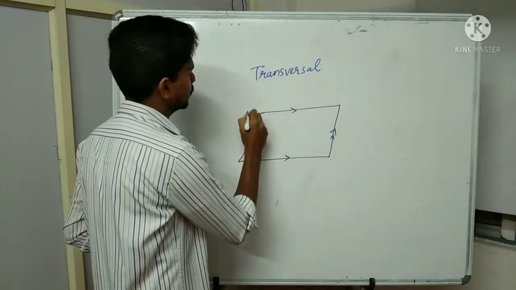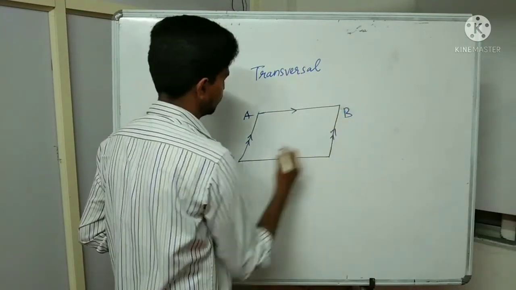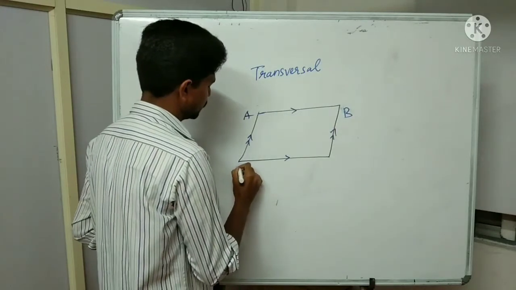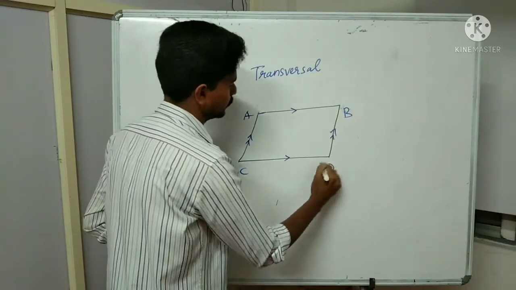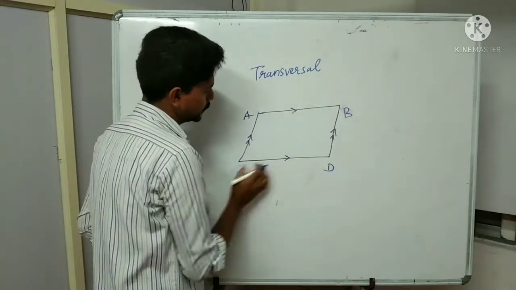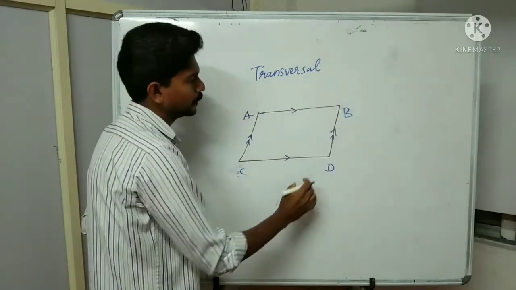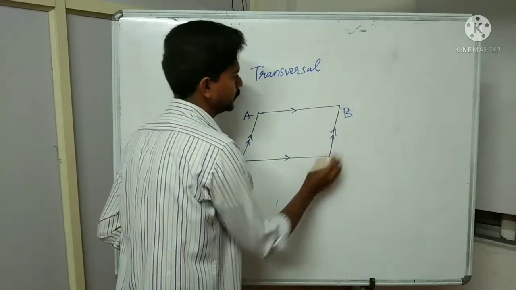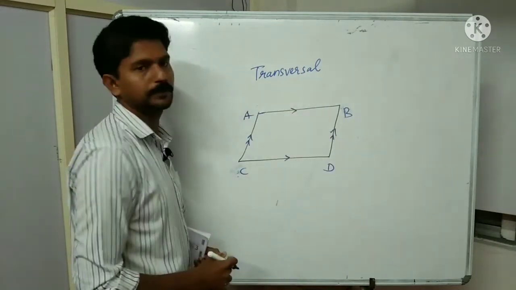So we can name this line AB, and this one we can name as CD. AB and CD are parallel lines. Then this line DB will be the transversal for these two lines.